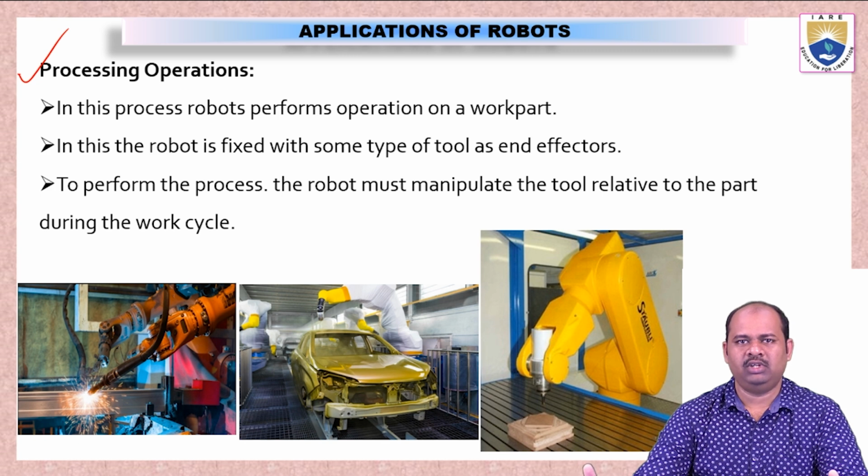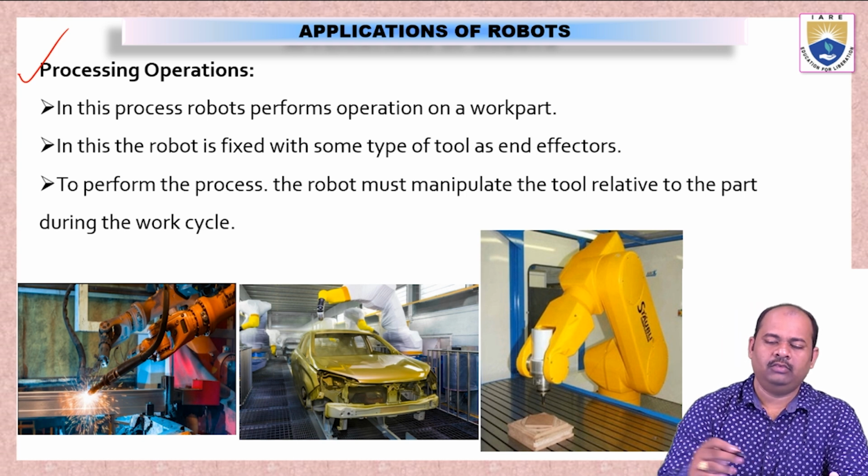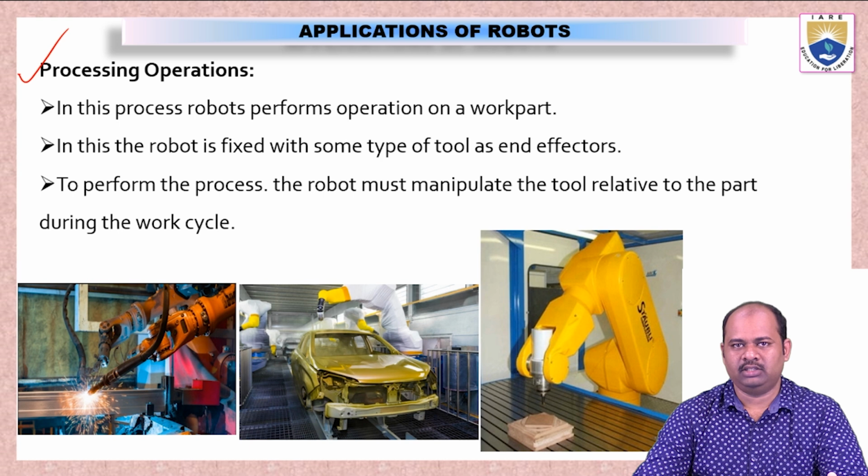The iron elements will evolve and generate carbon-related gases which are very harmful for human beings. That is why we have used robots for operations like casting.